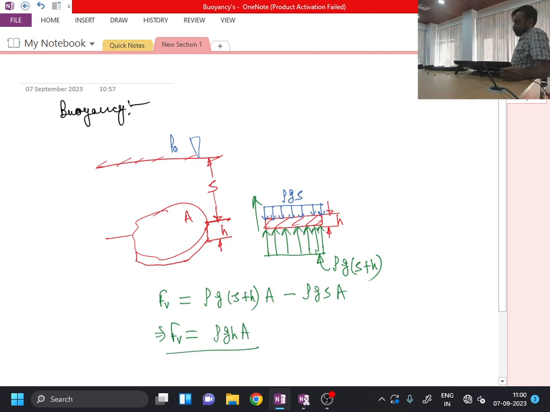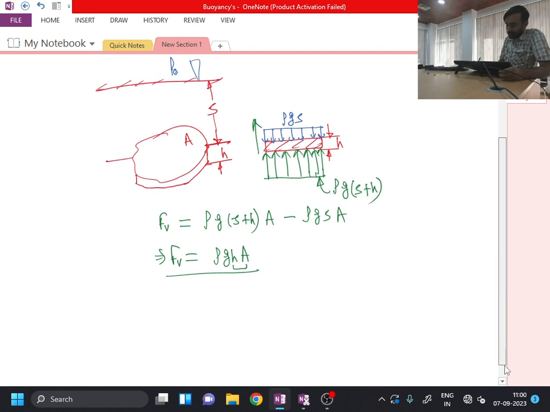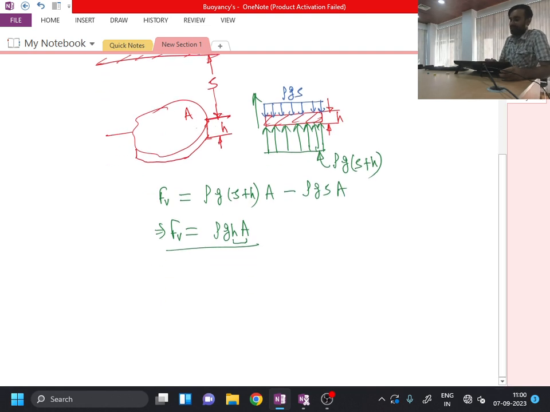Now over here, h into A forms nothing but the volume. A is area and area times h, with constant thickness, forms the volume. So I can simply write it as rho V into g, where rho is the density of the fluid, V is the volume of this particular body, and g is gravity.